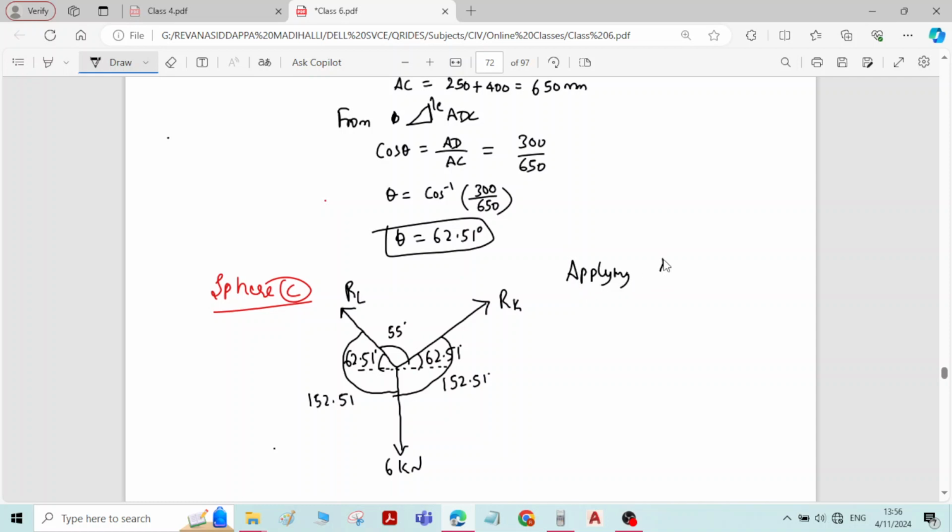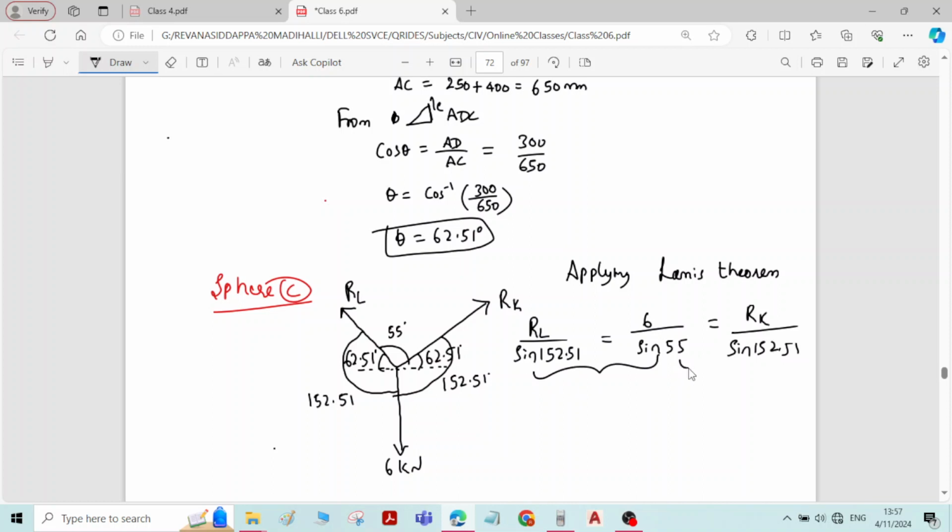Now applying Lami's theorem, RL divided by sine 152.51 is equal to 6 divided by sine opposite angle 55 is equal to RK divided by sine 152.51. Okay. So considering first and second equation you will get RL, second and third equation you will get RK.